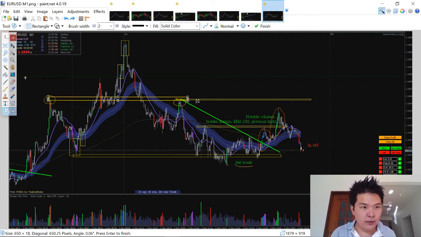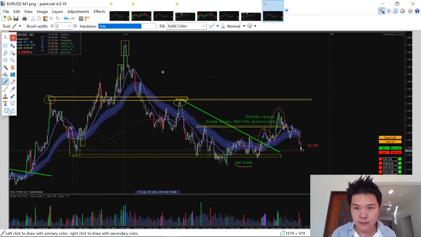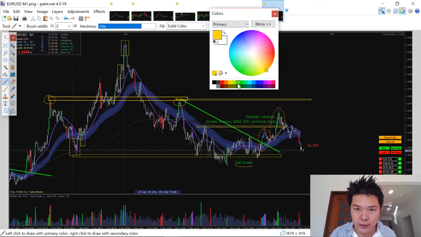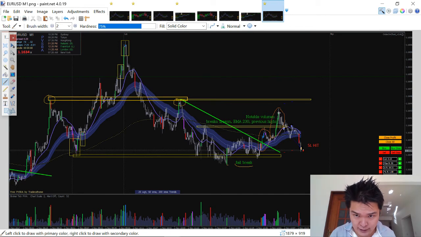I wanted to see this green candle not only breaking that, but I wanted to see this green candle going all the way up here. I wanted to see a situation like this, going all the way up here, okay? So this is what I wanted to see.